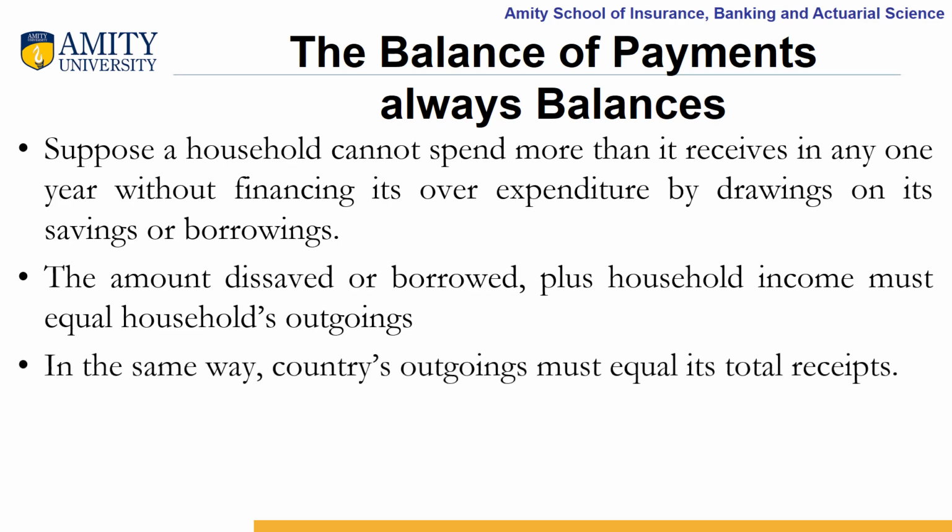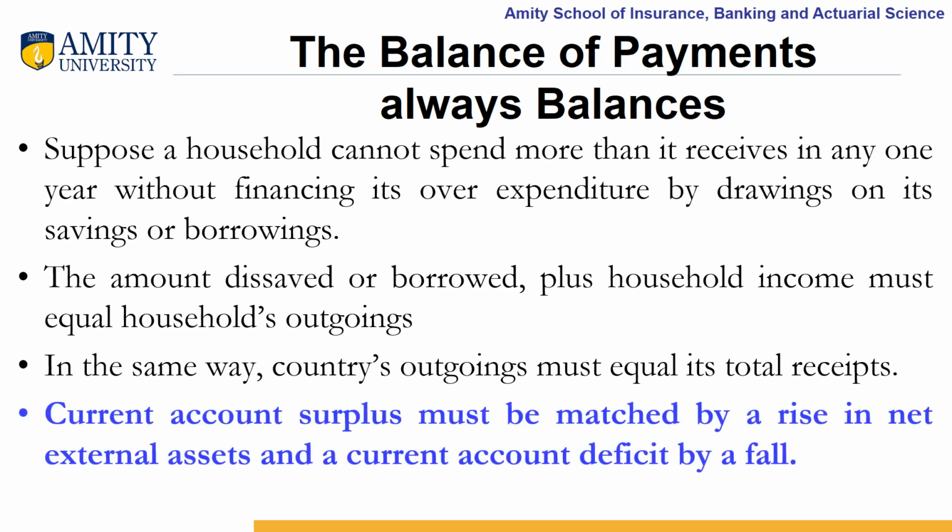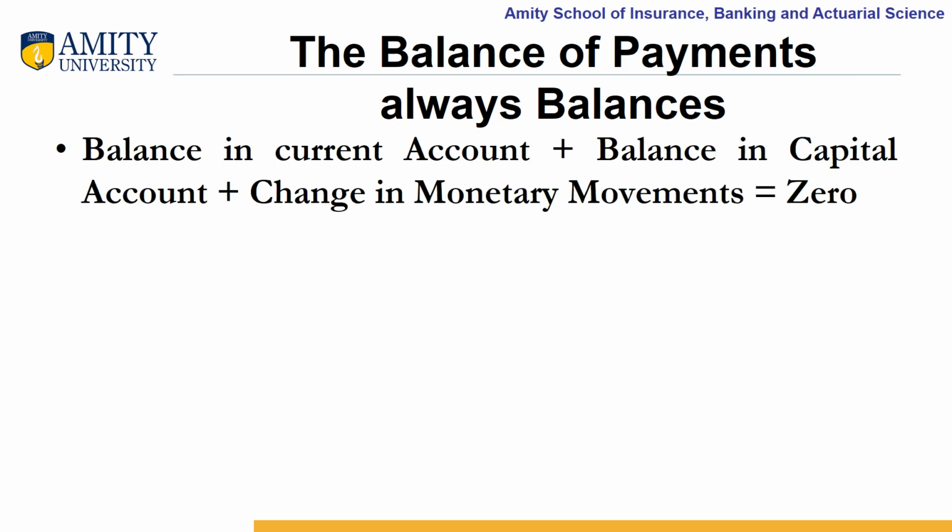In the same way, a country's outgoings must equal its total receipts. Current account surplus must be matched by a rise in net external assets and a current account deficit by a fall in these assets. Thus, the balance in current account plus balance in capital account plus change in monetary movements, as we have discussed, should be equal to zero.